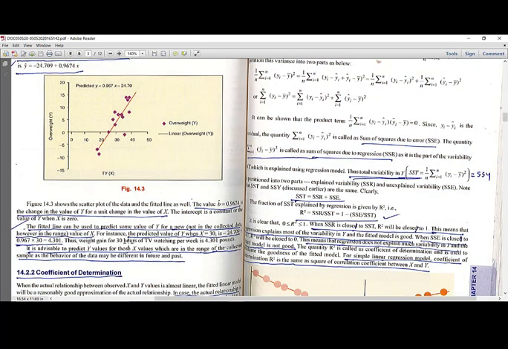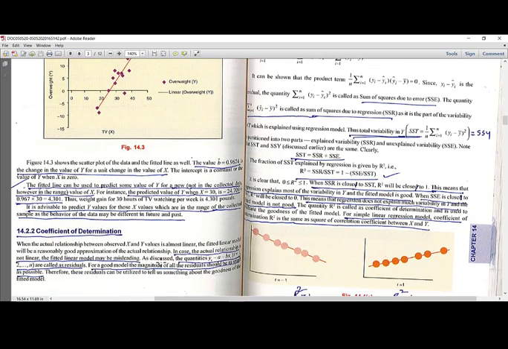That means weight gain for 30 hours of TV watching per week is 4.301 pounds. This is the estimated value of the weight gain. It is advisable to predict y values for those x values which are in the range of the collected samples, as the behavior of the data may be different in future and past.